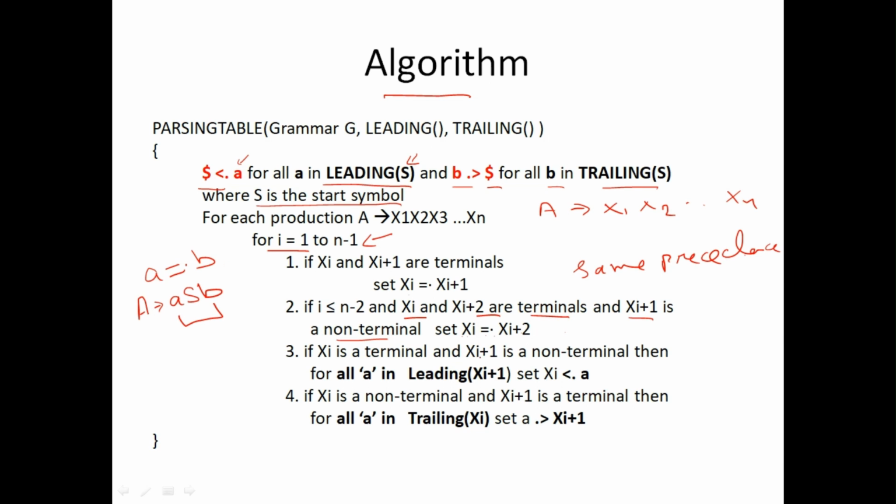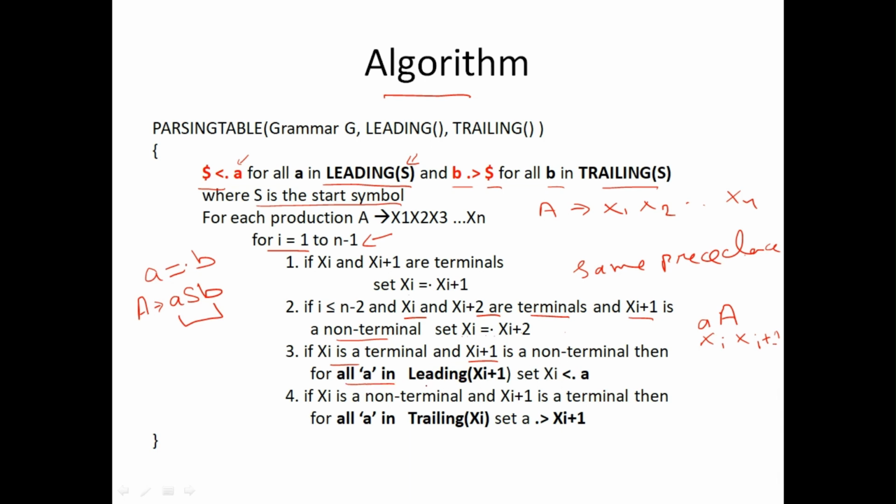If xi is a terminal and xi plus 1 is a non-terminal, suppose at xi position this is happening, xi and xi plus 1 in the RHS, then what you are going to say?